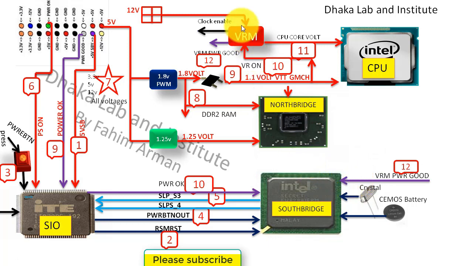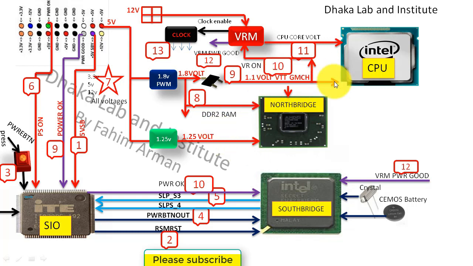Then the VRM section will enable the clock IC, and the clock IC will generate clock signals to all the required parts.